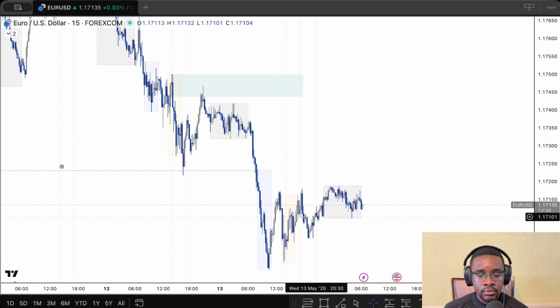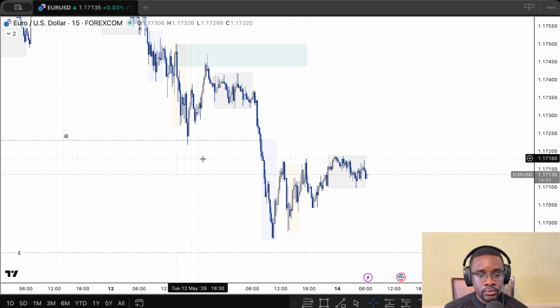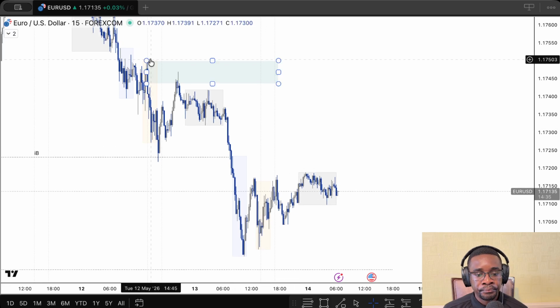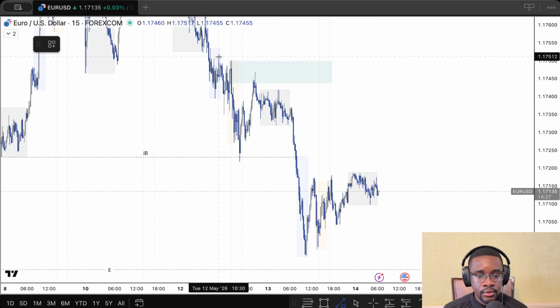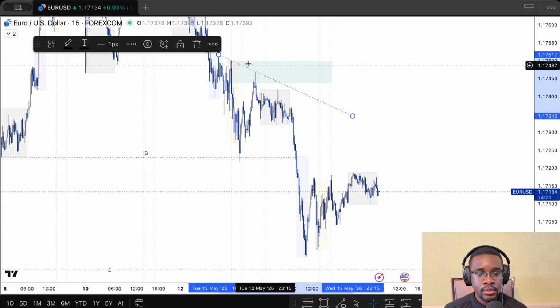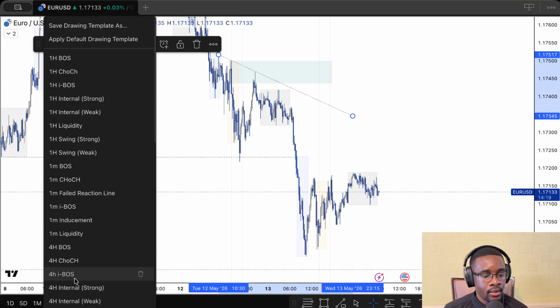Okay, so yesterday price didn't come back, and it just had a straight push to the downside. What do we have? Is that a clear trend line? Okay, we could argue it is. So that's what we have.